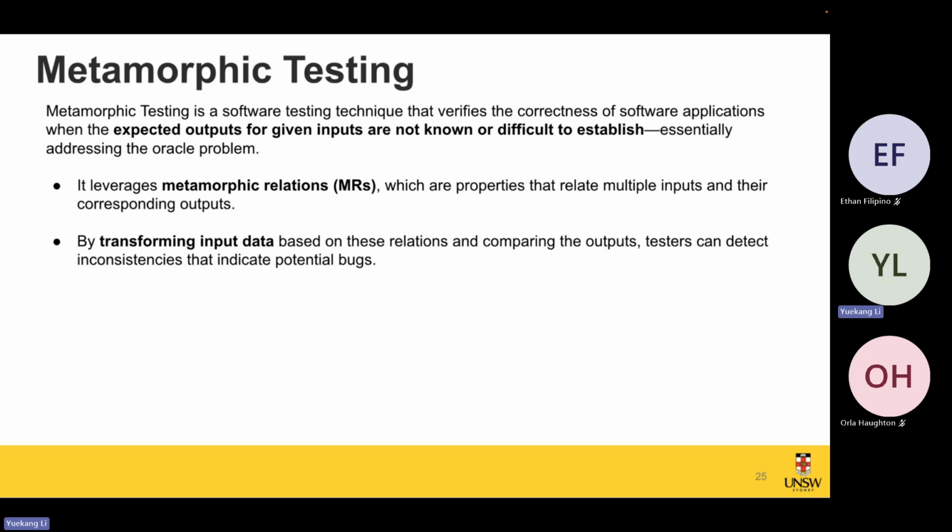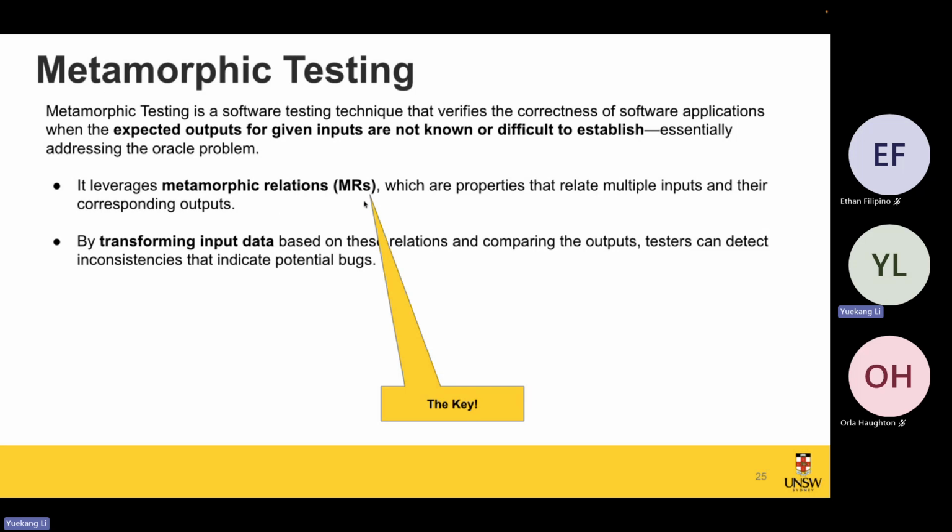We can create different test inputs according to these relations and compare their outputs. We can then try to judge the correctness of the execution of the program. So this is the key here.